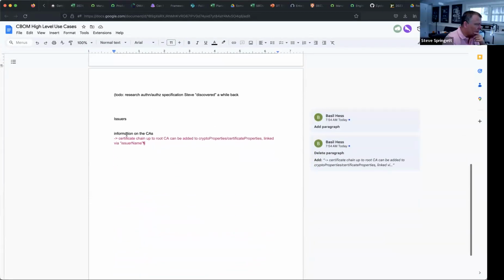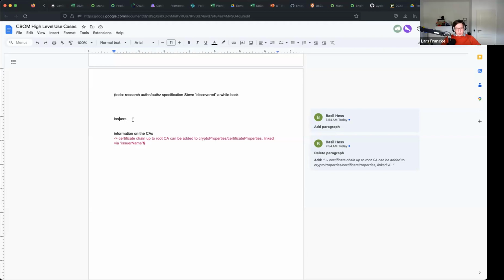And then information. Oh, we got issuers just kind of hanging out here. I don't remember what this referred to. I wasn't sure about that, if it was related to certificate issuers. You're already capturing that, right? Yeah, because if you have information on the CA, that's something related.